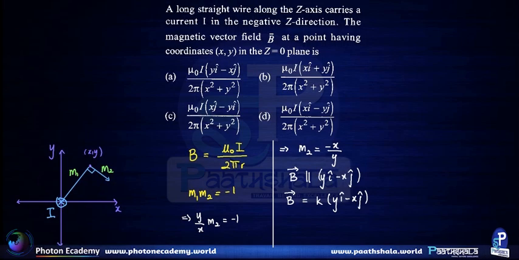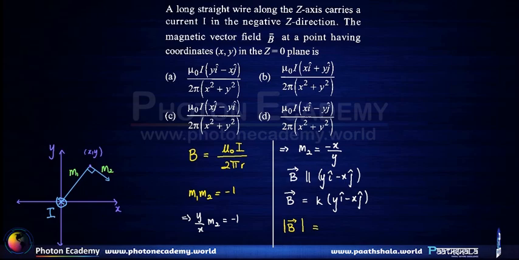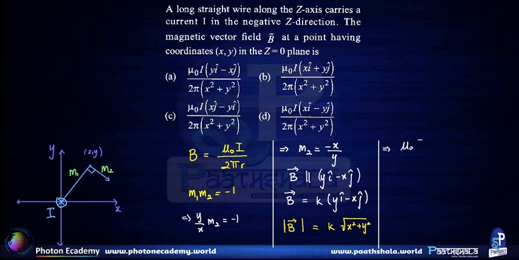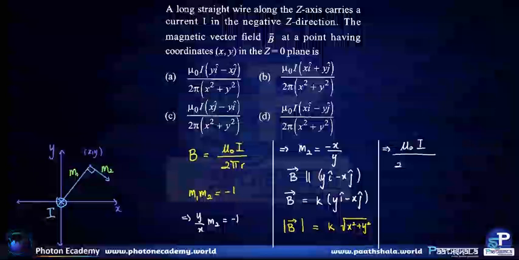So we have to find out what k is. The strength of the magnetic field, or the magnitude, would be equal to k times root over x square plus y square. But from Biot-Savart's law, we already know that it's mu naught I by 2 pi r. So the left hand side is mu naught I divided by 2 pi r.